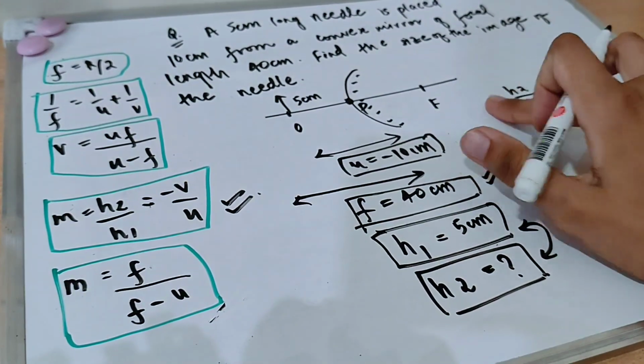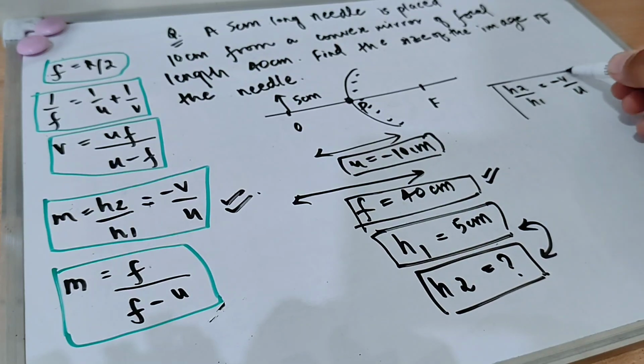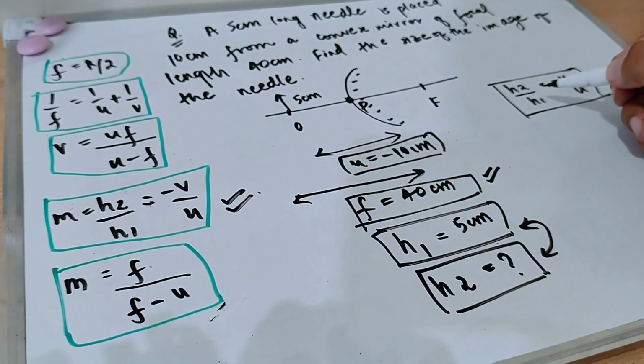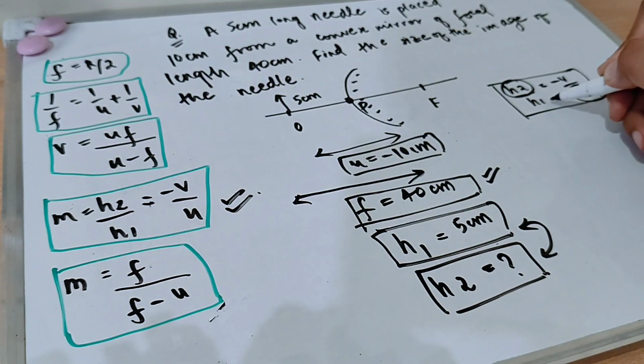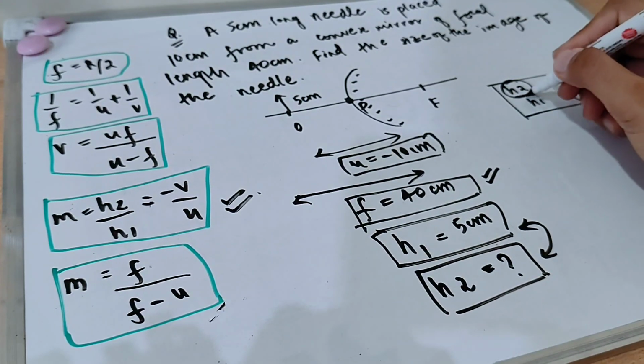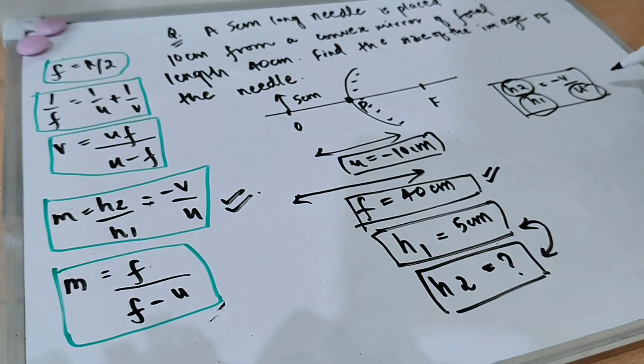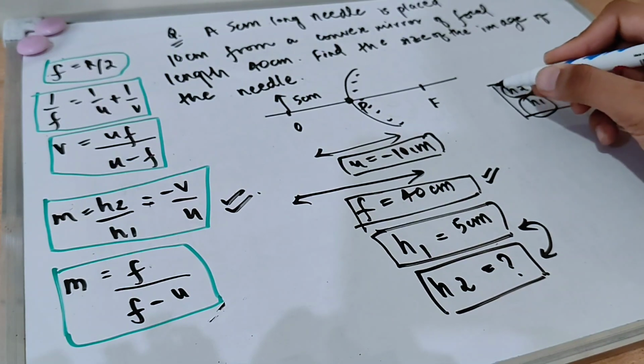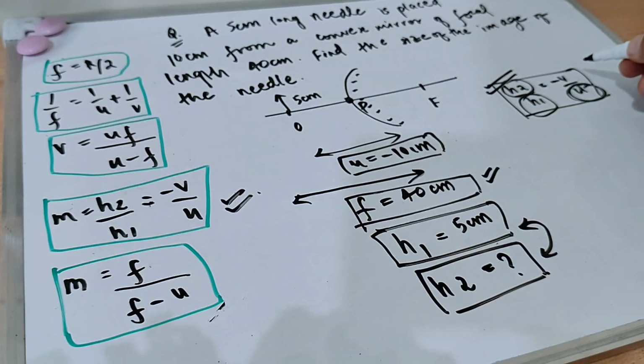So I am going to use the relation between these four quantities. I have h1, I have u, and I have to find h2, and I have focus.